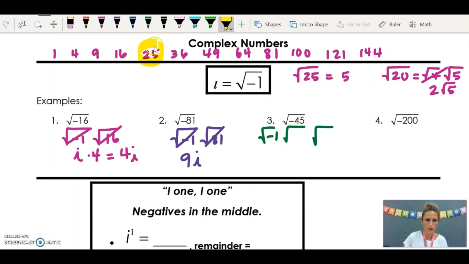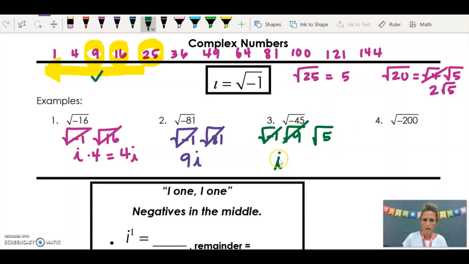So I'm going to start with 25 and see if 25 goes into 45, which it doesn't. And then I'm going to move my way down the list of perfect squares. So next I would ask myself, does 16 go evenly into 45? And it does not. And then I would ask myself, does 9 go evenly into 45? And it does. So I'm going to split that into 9 times 5, which is 45. And so for the -1, I'll bring out an i.